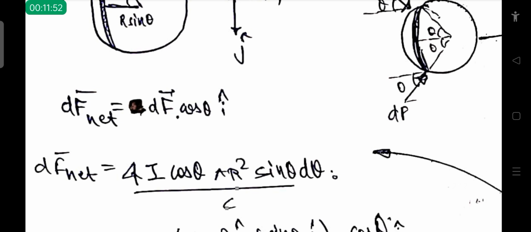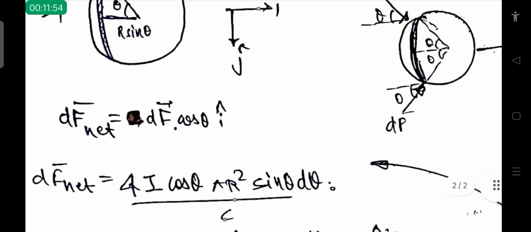So dF net can be written as dF cos theta i cap. Why have I used a vector here? Because we are taking components along a vector direction, and the dF force is also in vector form, so we will take the horizontal component into consideration, right?